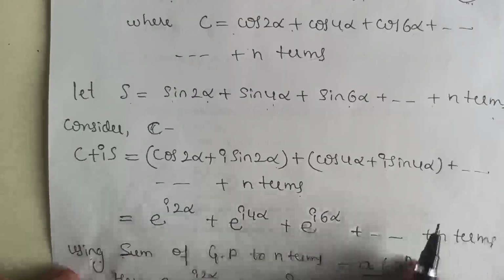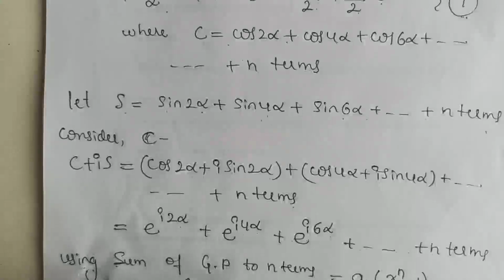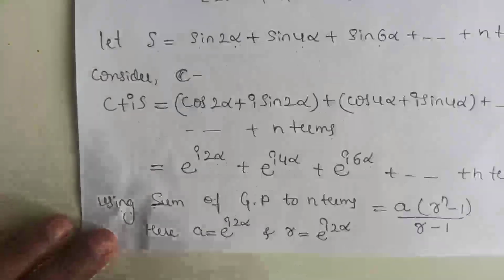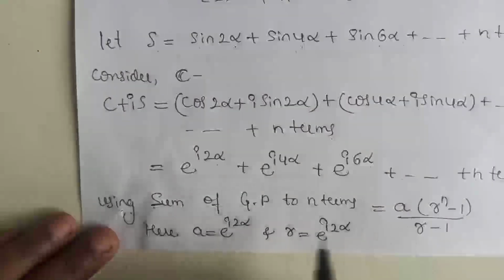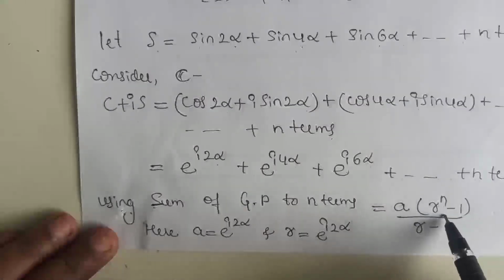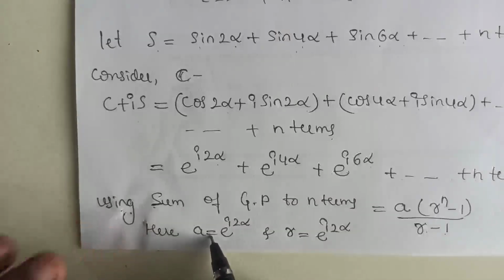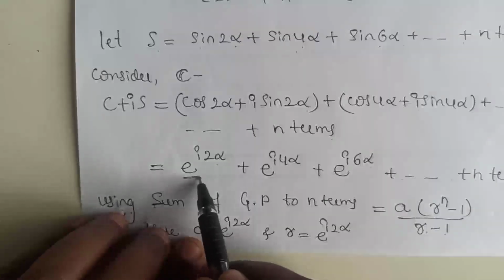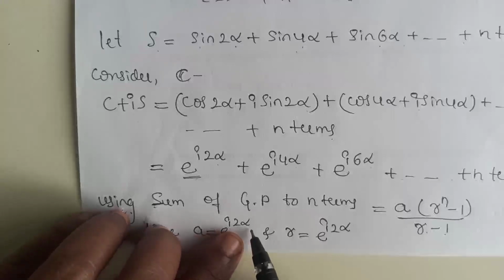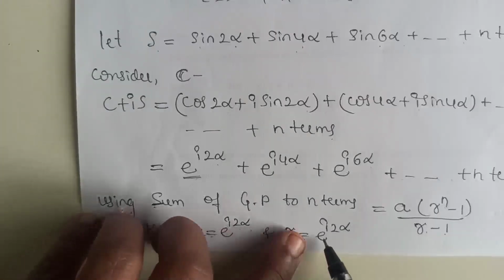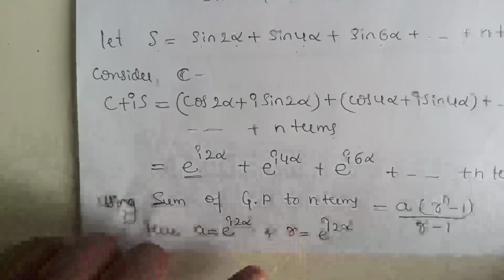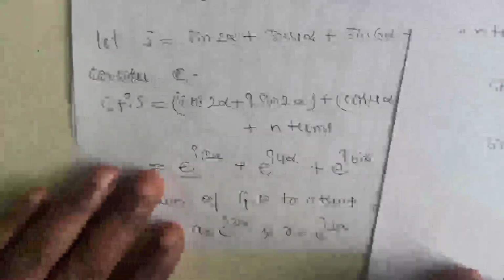Okay. Now again by using the sum of the GP formula, that is a into r raised to n minus 1 divided by r minus 1. Here the a value, that is the first term, is e raised to i 2 alpha and the common ratio is also e raised to i 2 alpha. I have already explained how to find the common ratio.